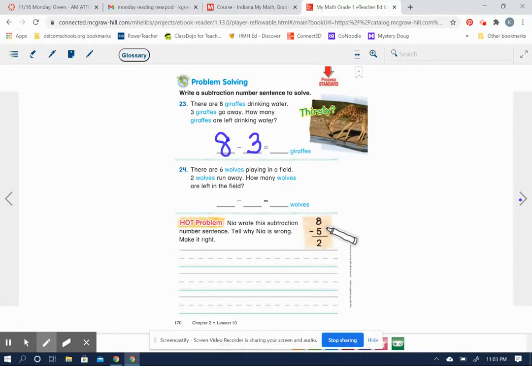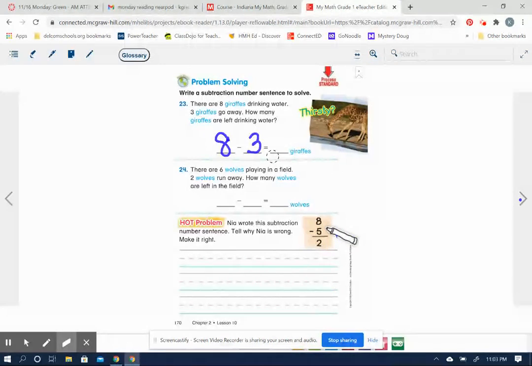Now you pick a strategy that is easiest for you. If it's drawing counters, and then you draw X's for how many you're going to take away, or using that work mat, whichever way is the easiest for you. I'll let you finish that.